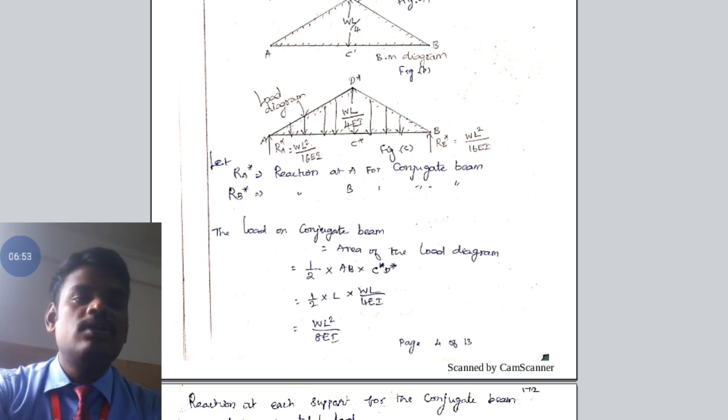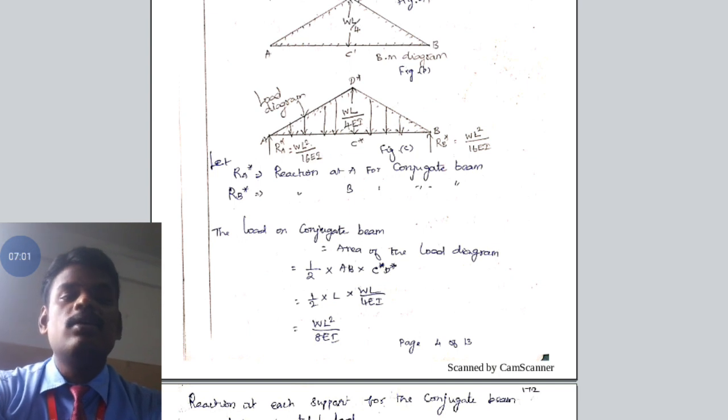We can get this value by taking moment at either support, A or B. We can calculate the RA star and RB star values, where RA star is the reaction of support A in the conjugate beam, and similarly RB star is the reaction of support B in the conjugate beam.